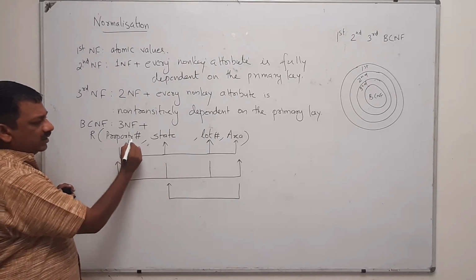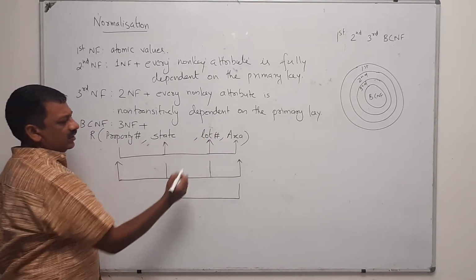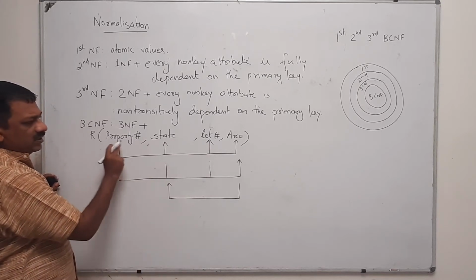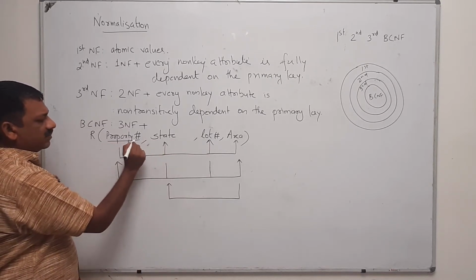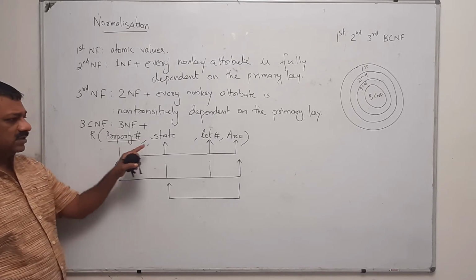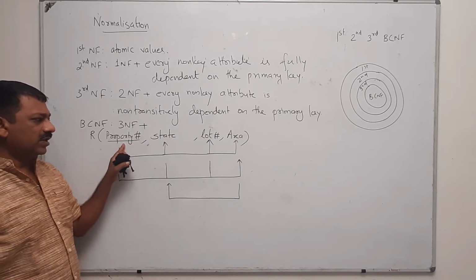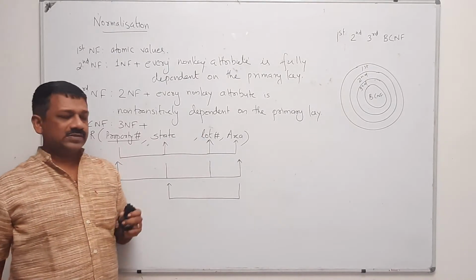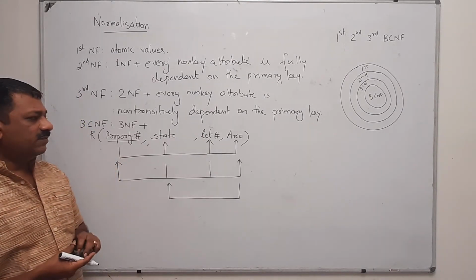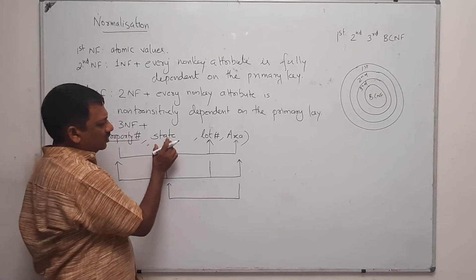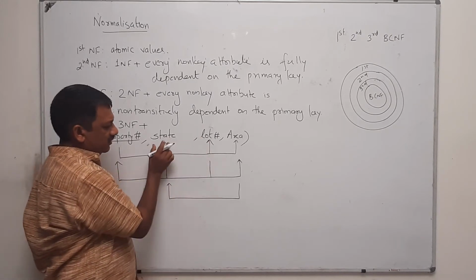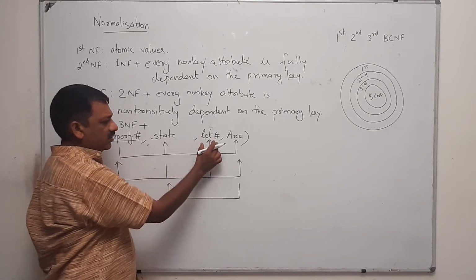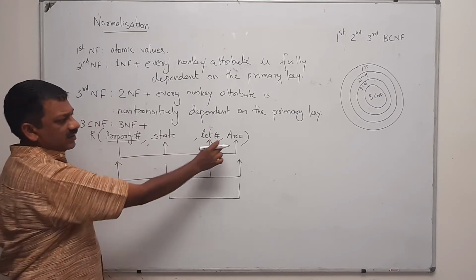Here you have property number, state, lot number and area. In this case property number is the primary key: property number, the state in which that property lies, and lot number and area. Suppose there is another dependency: if you know the state and lot number, you can determine the property as well as the area.